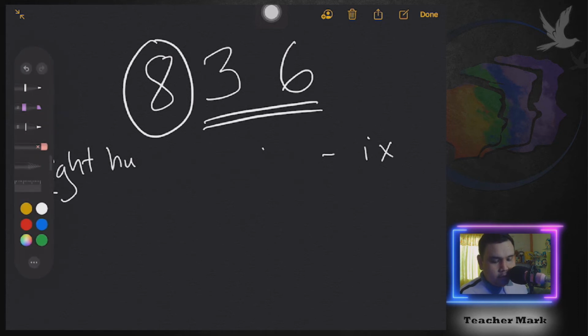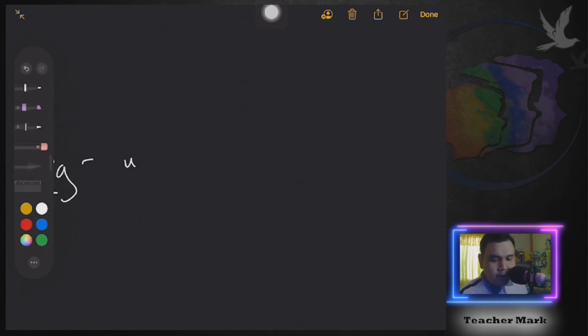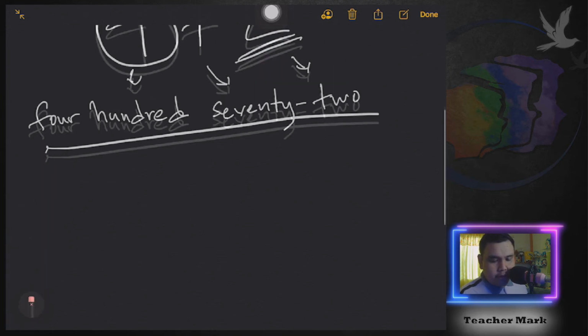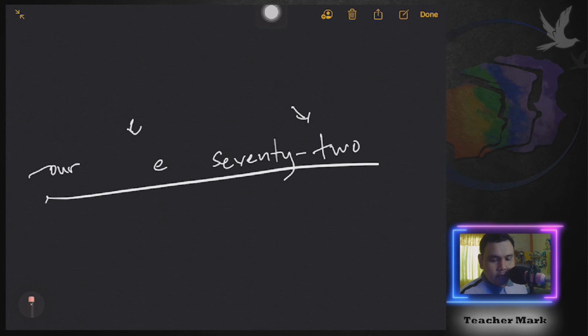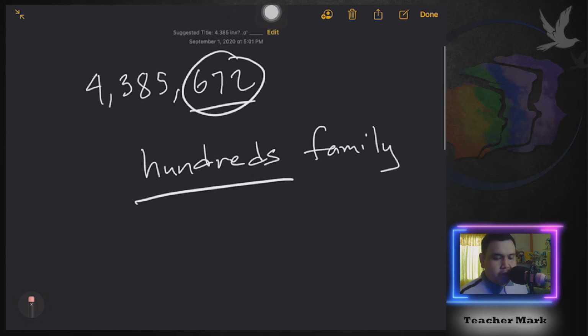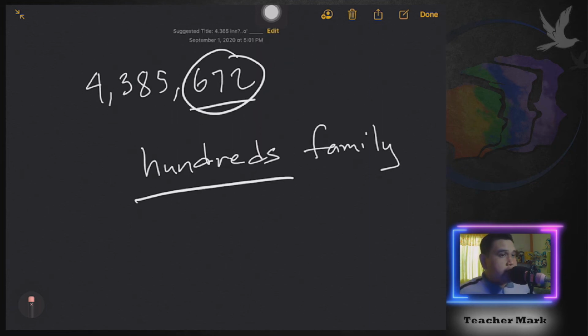So let's try to go back to our first example, like the one earlier. You might ask me earlier, Teacher Mark, why did you call this the hundreds family? Because that is our clue in basically reading everything.